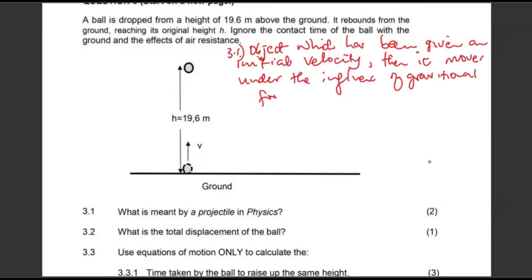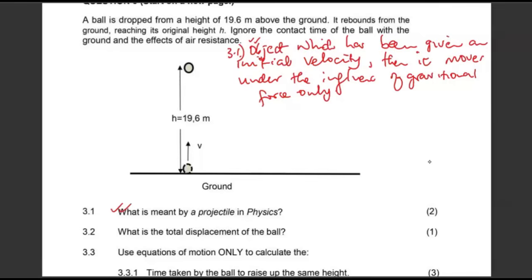So that is the projectile one. We give it an initial push, an initial velocity, and then we let it go so that it moves under the influence of the gravitational force only. So that is a projectile. Remember, projectile could be different from free fall.